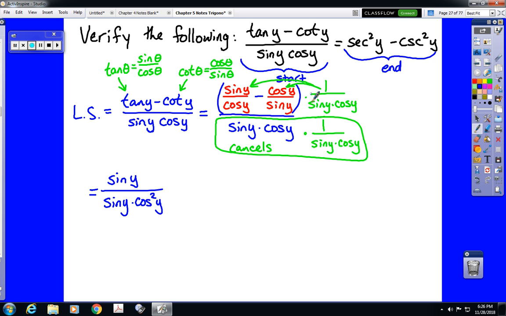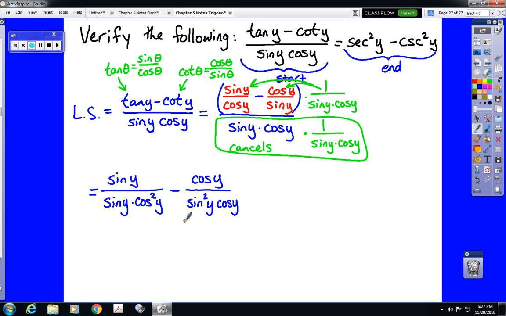Then we do this fraction times the second fraction. So 1 times cosine, so minus cosine y over sine y cosine y times sine y, which is sine squared y cosine y. You may want to pause the video for a minute and take that in.